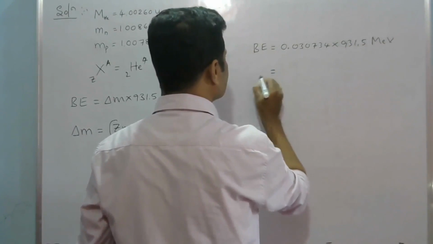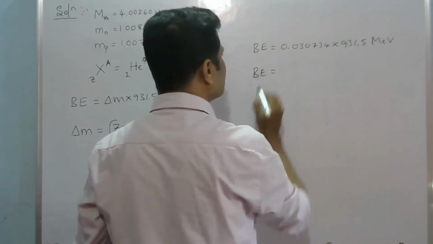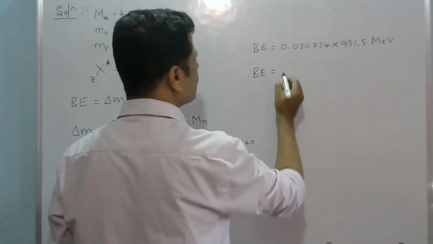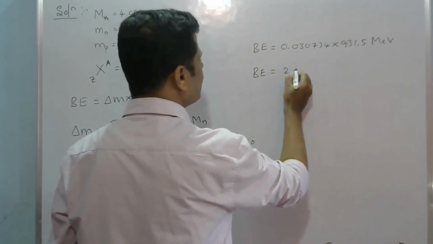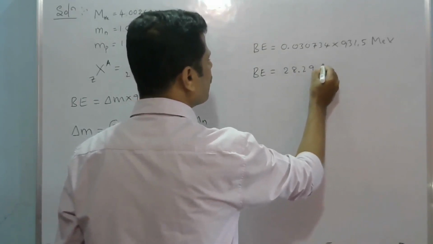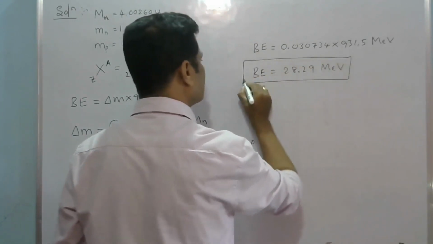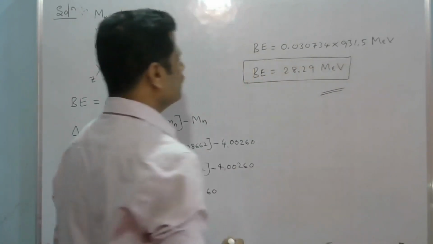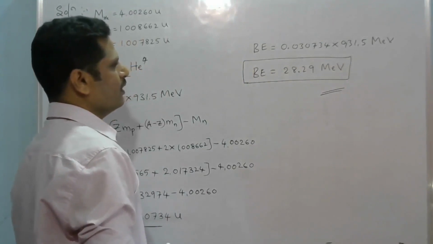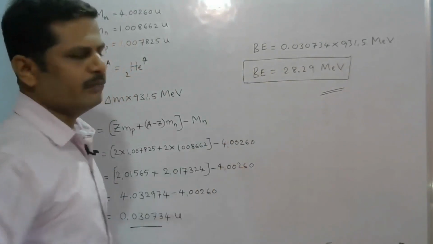Simplifying this, we get 28.29 mega electron volt. This is the binding energy of the alpha particle in mega electron volt.